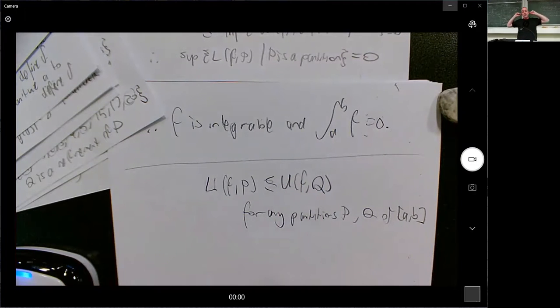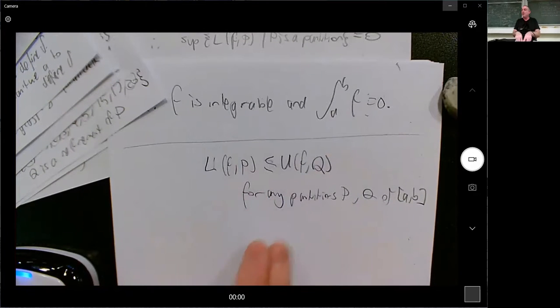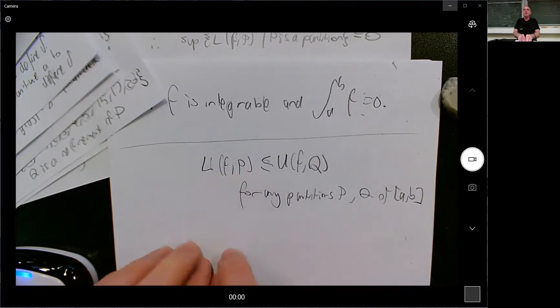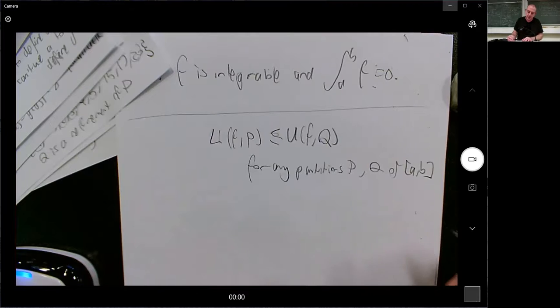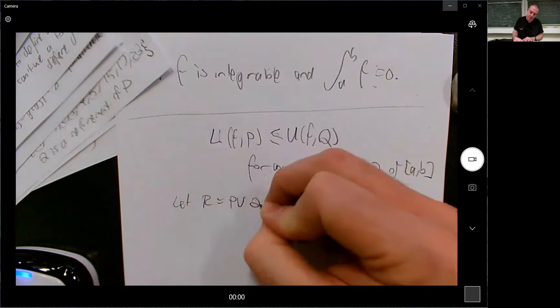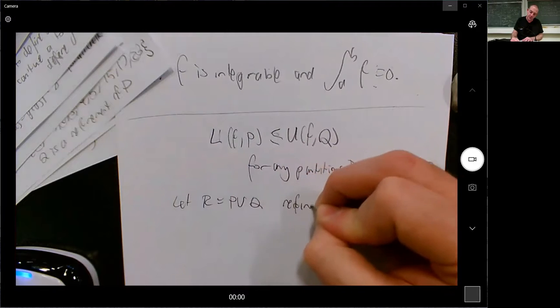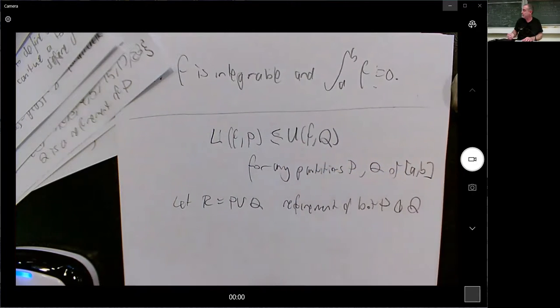And what you can do is make a refinement of both of them, which is basically the union of P and Q, and you know that the lower sum here is less than or equal to the refinement's one, it only gets bigger, and the refinement's is between them. Yeah. So let R be P union Q, which is a refinement of both P and Q.